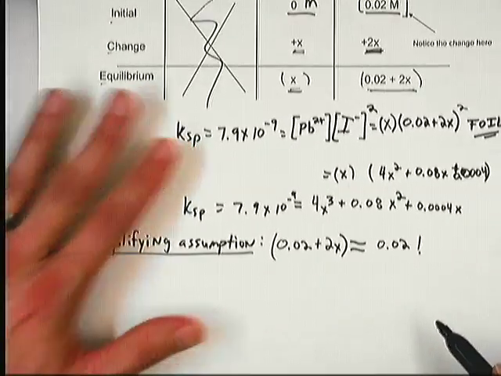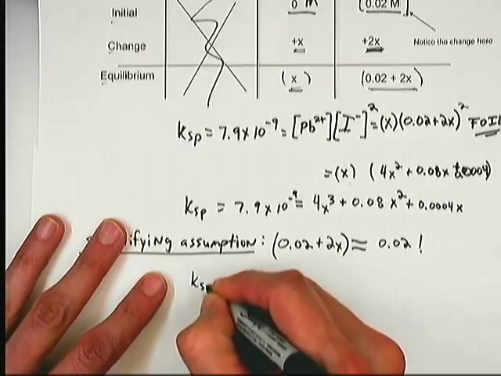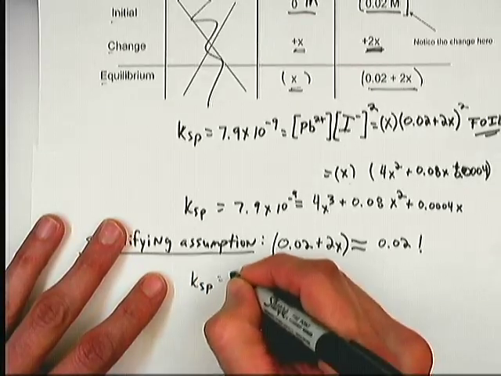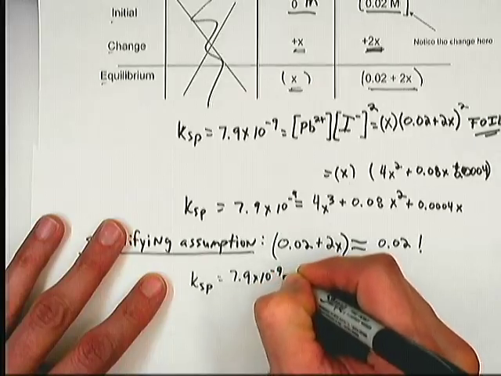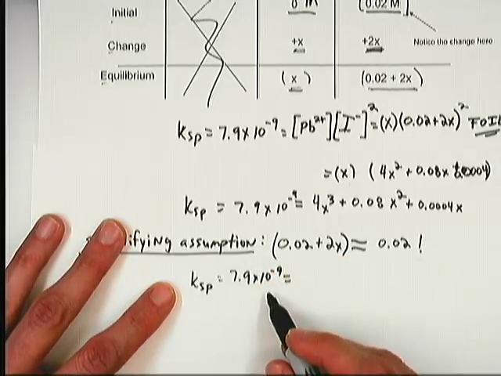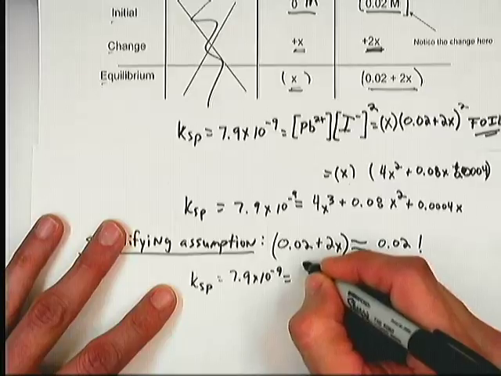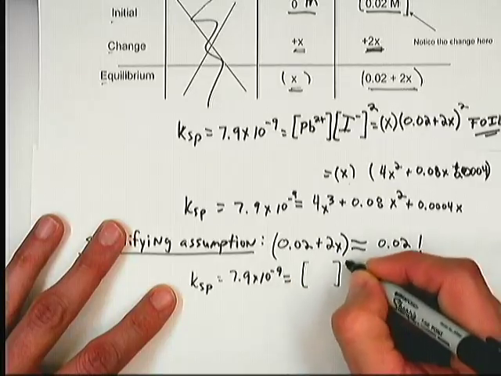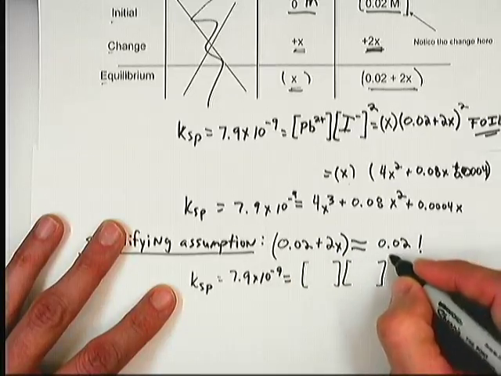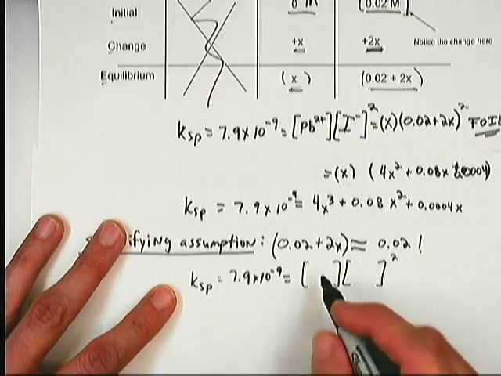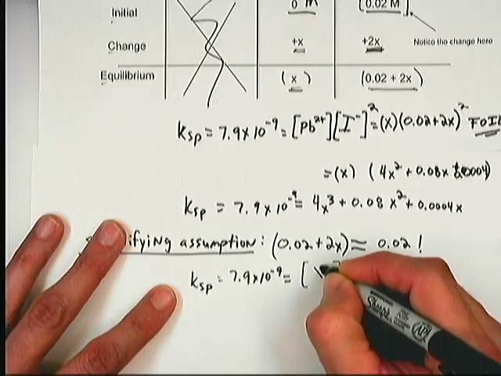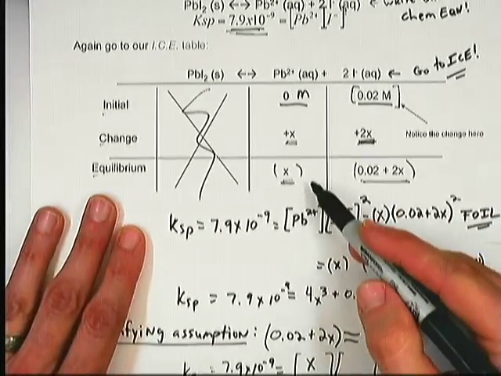Well, let's rewrite the KSP expression now after making our assumption. So I write my KSP value, that's the tabular value, and I know it's equal to my lead concentration times my iodide concentration. The second one's got to be squared by virtue of the 2 in the ICE table, okay? So my lead concentration I already defined in my equilibrium ICE table as x.